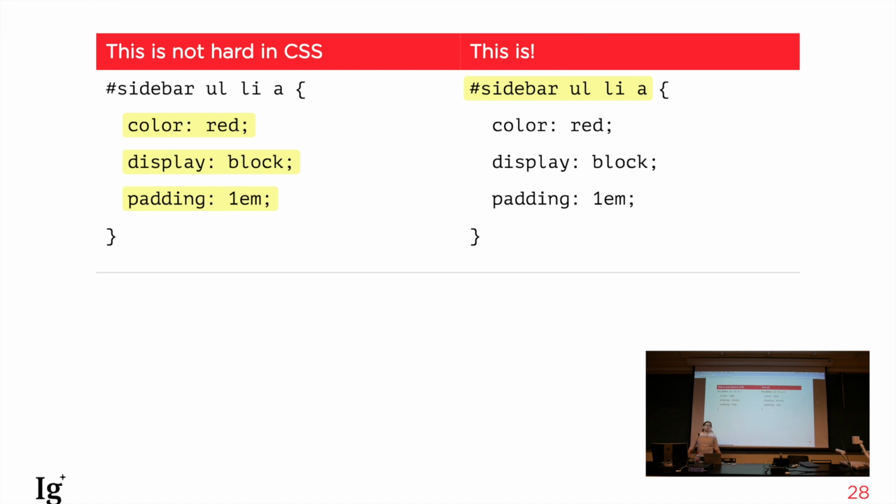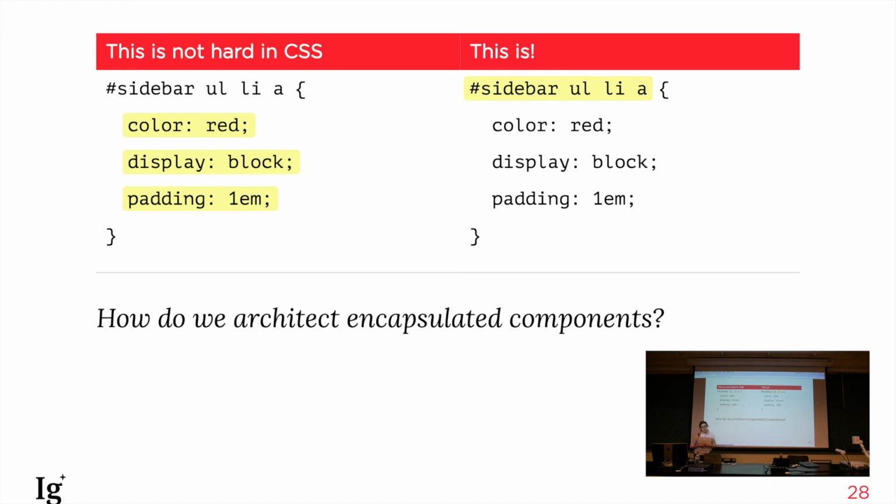You can learn it, you can read it in a book, you can Google, you can find answers on Stack Overflow. But writing selectors in CSS is like an architectural problem. This is very, very, very, very hard, and there is no certain answer to that.